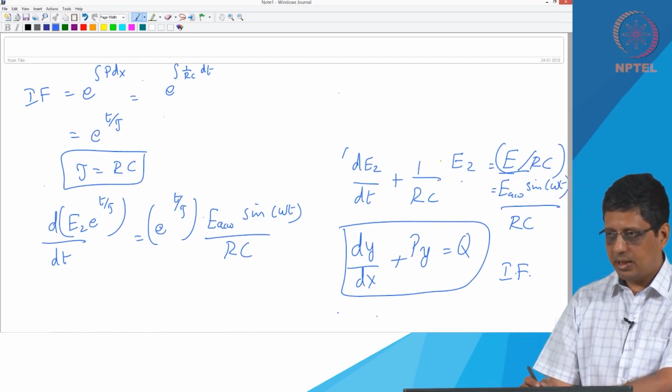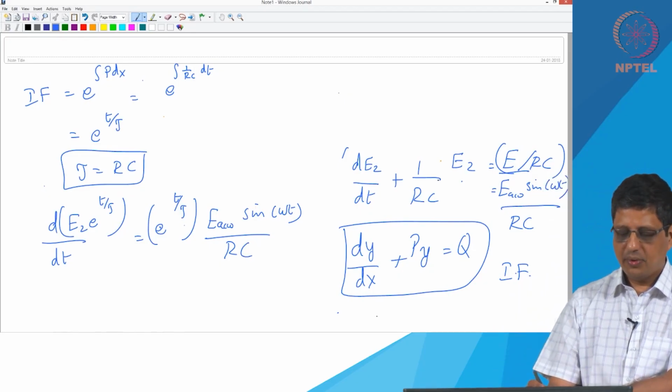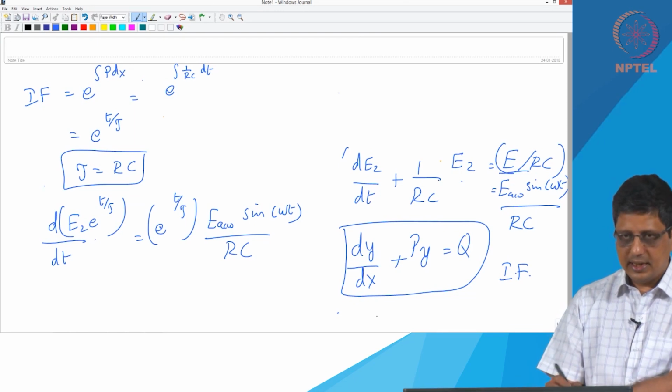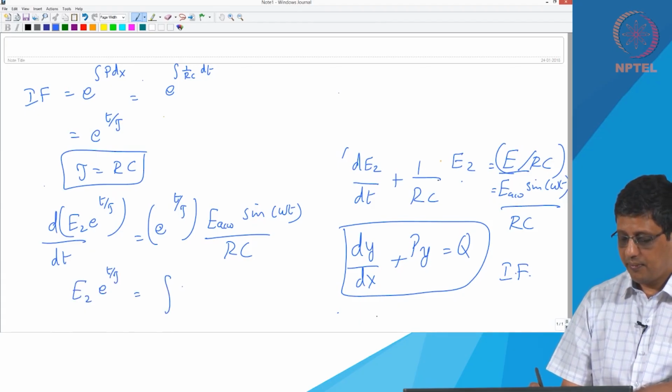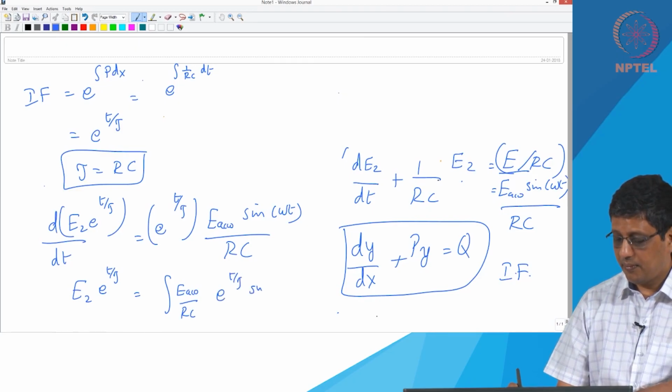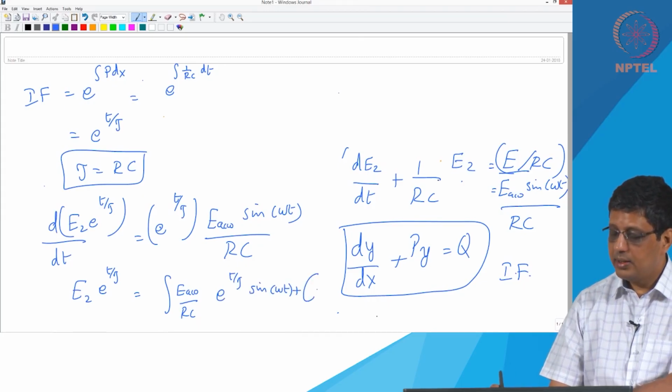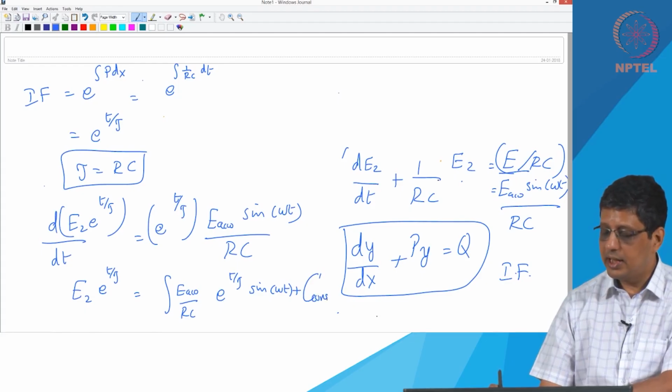So on the right side also multiply by the integrating factor. I can integrate this equation. This c here is a constant, we will just write it as a constant.